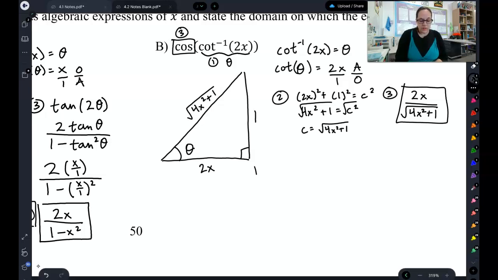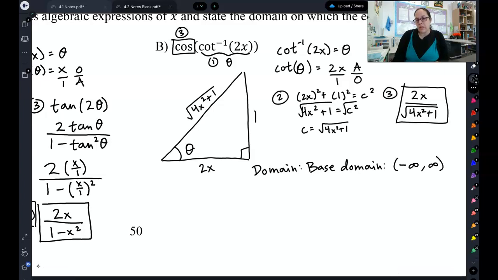Now let's look at the domain. The base domain of the inside is arc cotangent, which, if I check my table, is negative infinity to infinity. But we do have something in the denominator, so we better check and make sure about that. So we know we have an even root in the denominator.